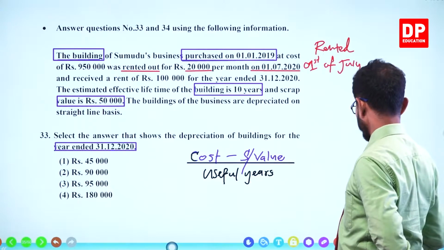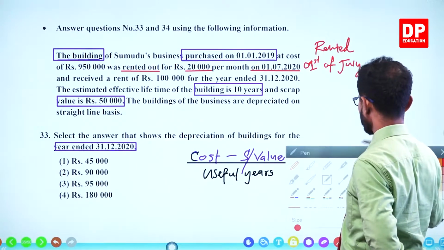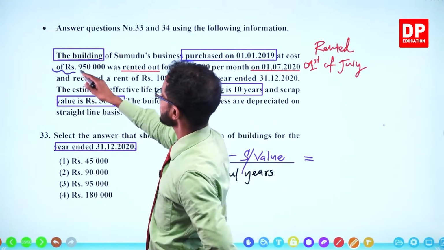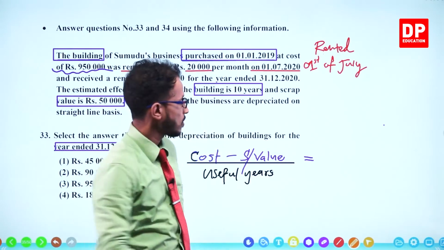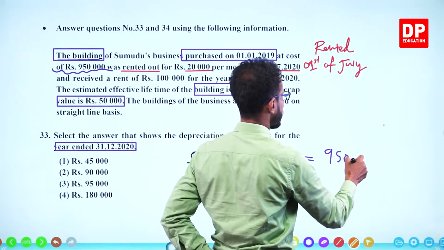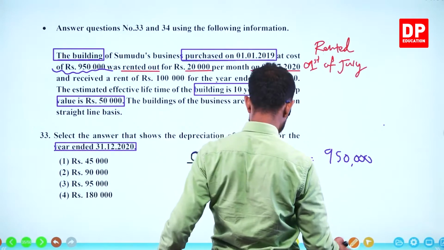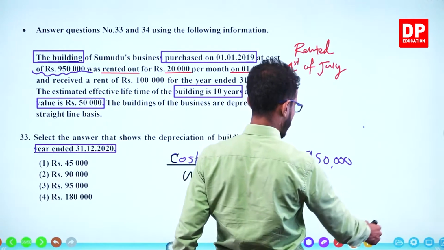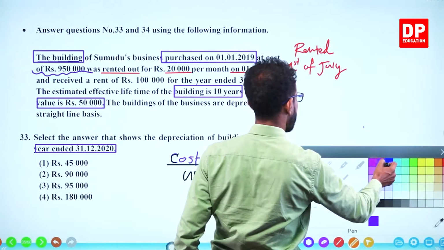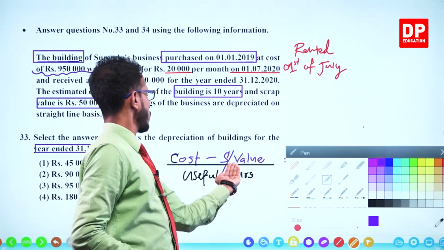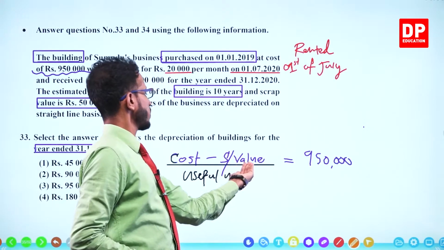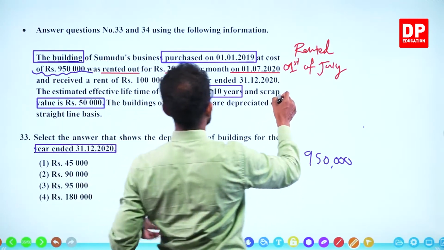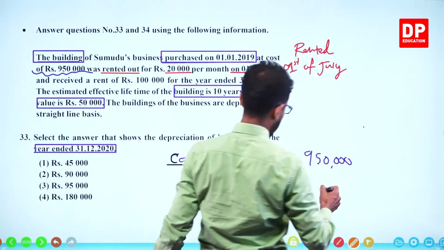So let's apply these figures now. What is the scrap value? Scrap value is given here, see, 50,000.